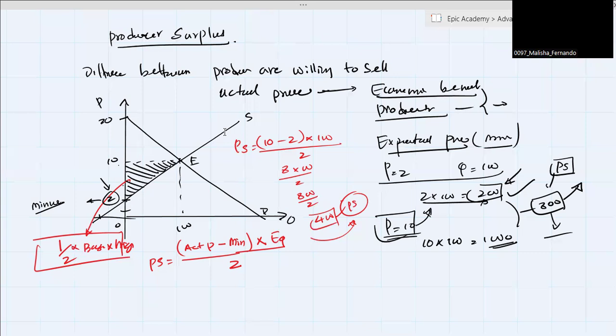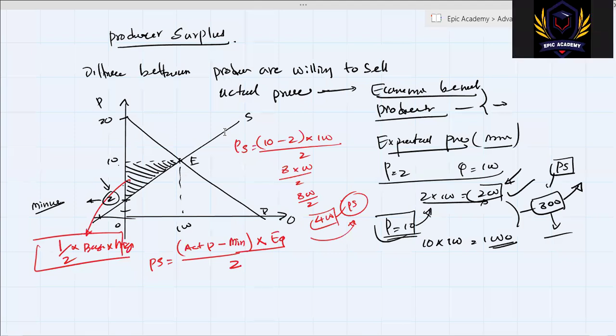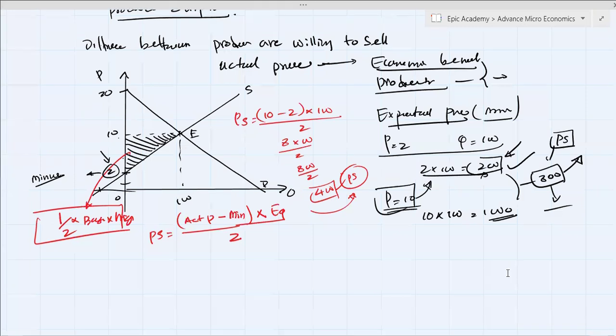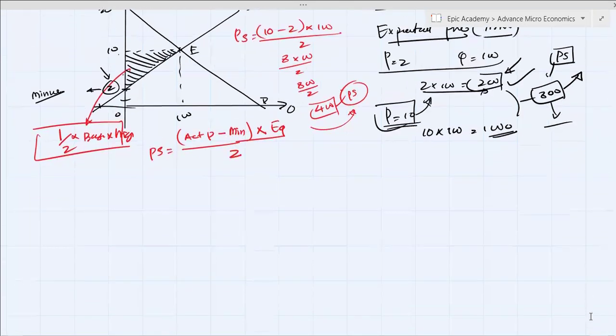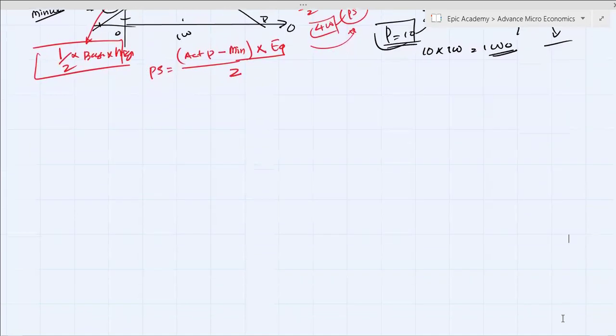Taxes are also a different way, ad valorem tax, specific tax, something like that. First of all, we have to identify what will happen to the market. Now we are going to discuss the maximum price ceiling.